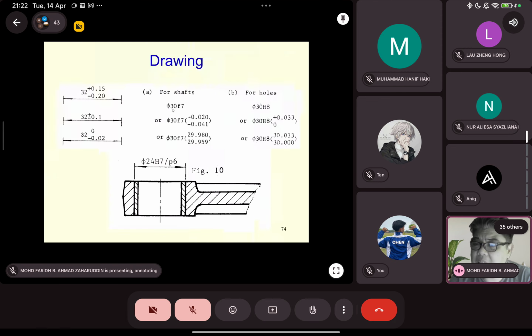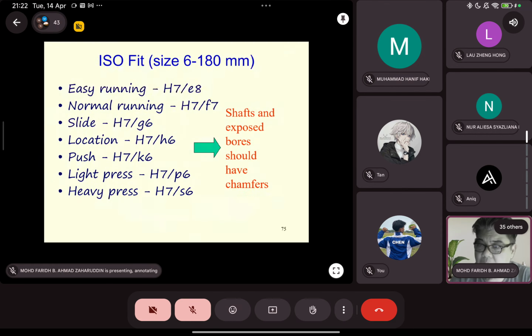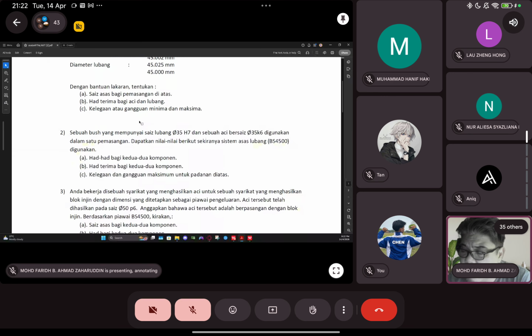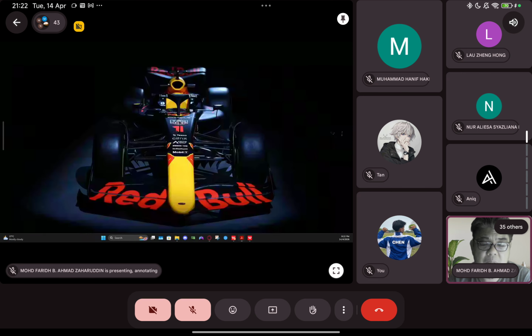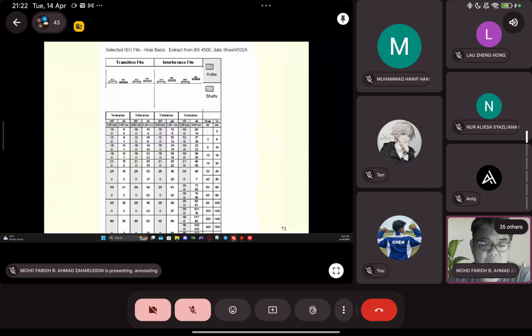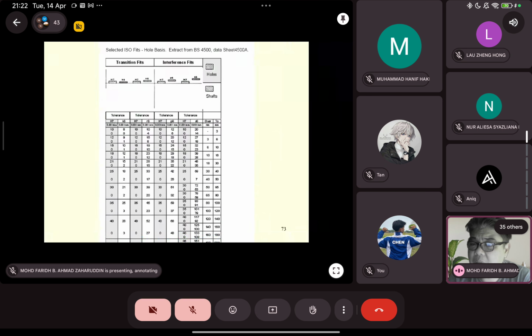This is the hole basis system. So the question asks you to use the hole basis system. So you can use this table. Okay, you can use this table.